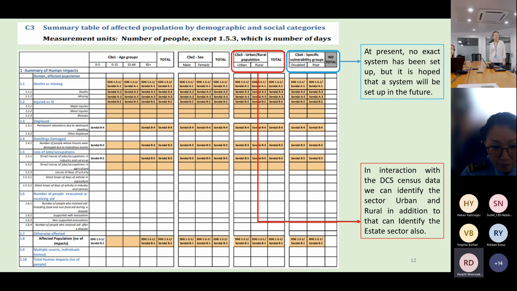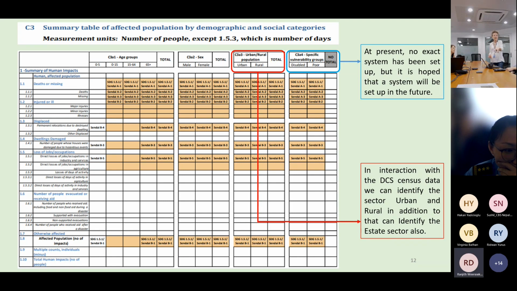Actually, another one is C3A, urban and rural population. Through interaction with the Department of Census and Statistics, we already have the database by sector, and we can integrate this data with the NDRSC data. We can get it by urban and rural.